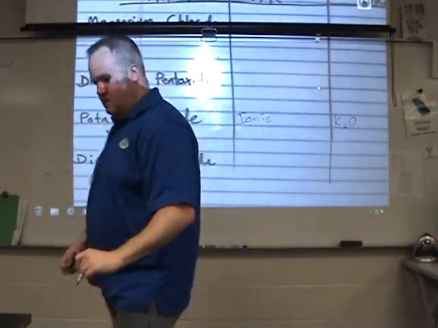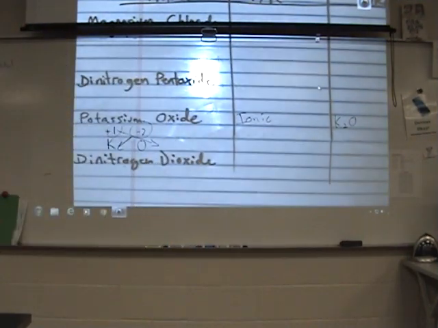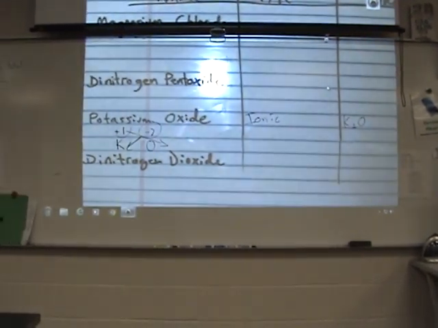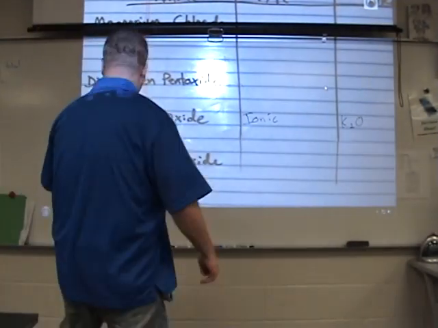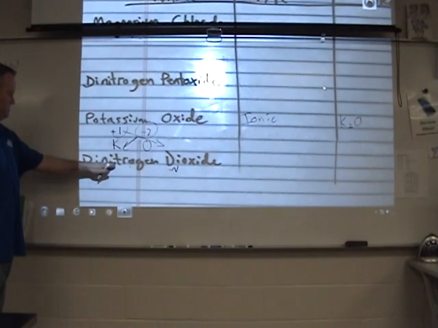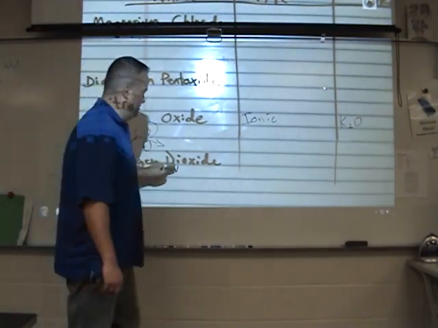Okay. The next one, the last one, is dinitrogen dioxide. All right, you can see that it has the prefixes. Remember, di means 2, so this is N2O2.